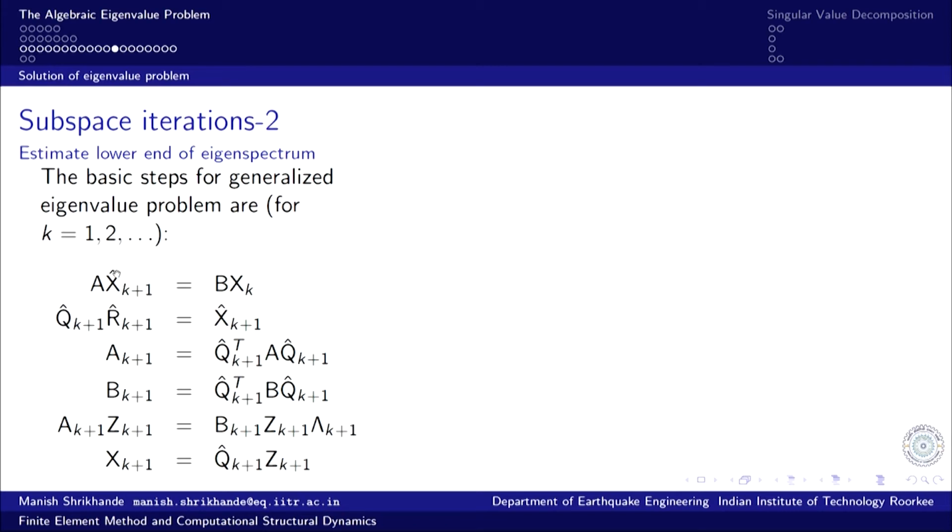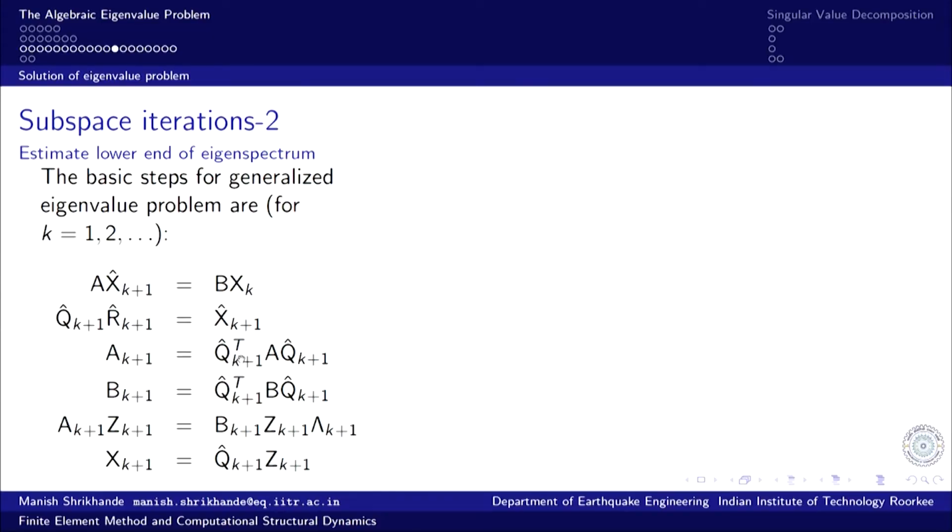Once we find this x hat k plus 1, we compute its incomplete QR factorization, and with this we impose a similarity transform on A. So, q hat k plus 1 transpose A q hat k plus 1 is equal to A k plus 1, and similarly q hat k plus 1 transpose B q hat k plus 1 is defined as b k plus 1.